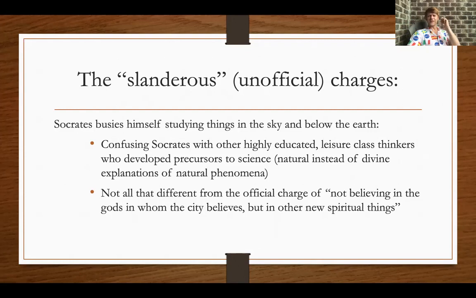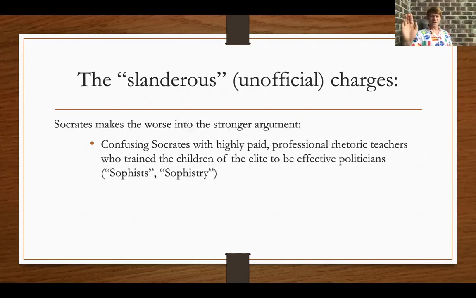Because if the city believes in gods that cause natural events, and Socrates is accused of denying divine explanations for natural events, it may follow that Socrates actually doesn't believe in the gods that the city believes in, right? So these seem to be somewhat overlapping. It's very interesting.